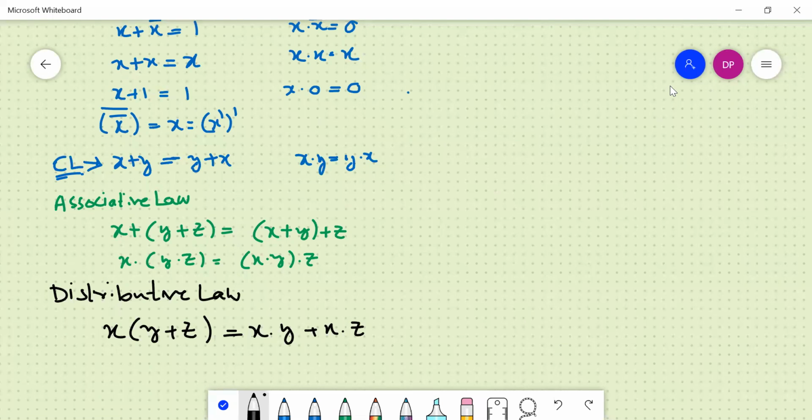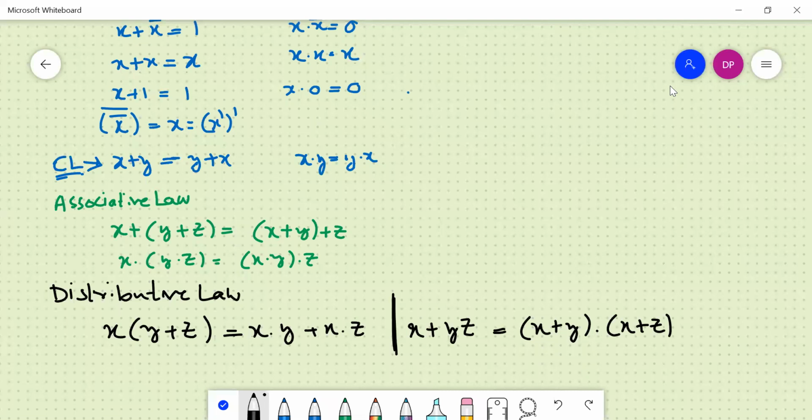Another way, if you have X plus YZ, what can we write? X or with YZ can be written as X or Y, and X or Z. This is called distributive law, right?